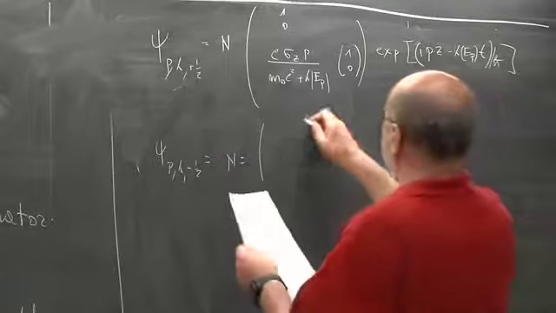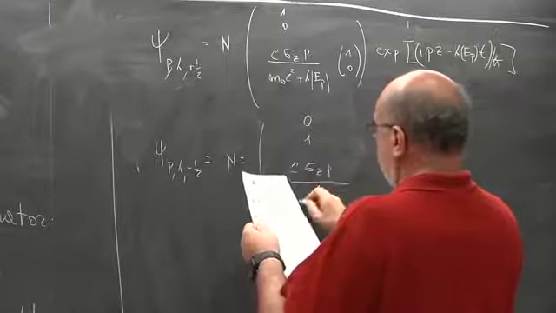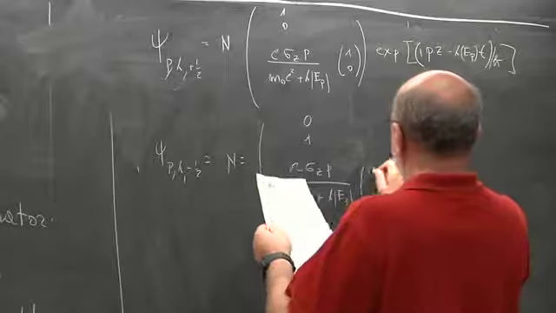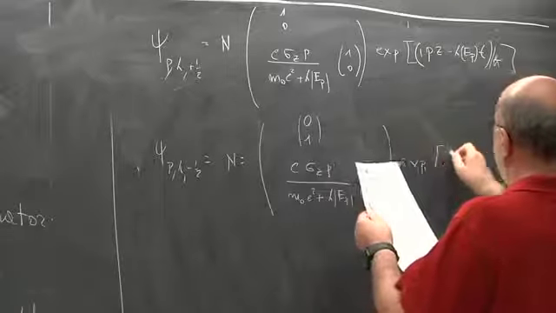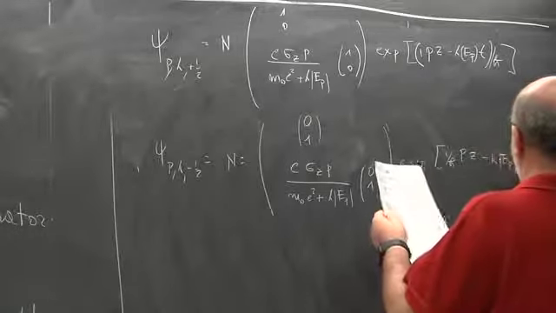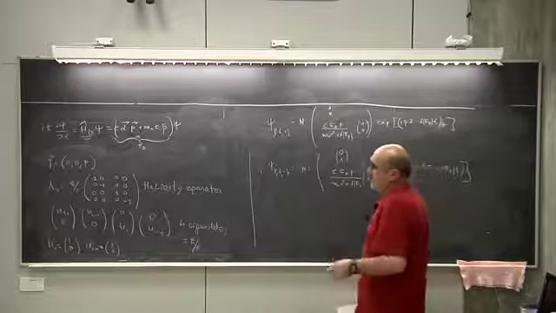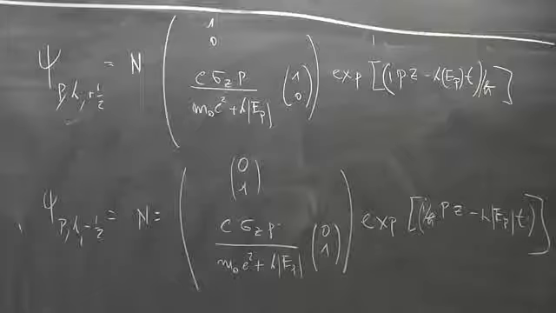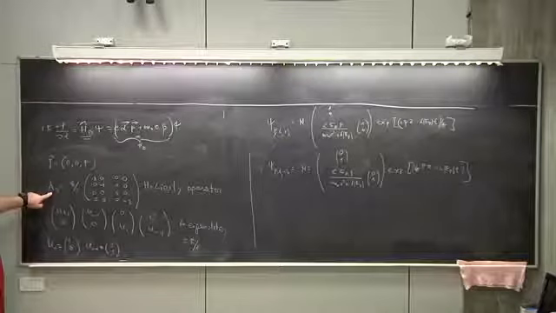Okay. The other solution is 1, 0, C sigma Z times P over m0 C square plus lambda EP, 0, 1, exponential of i H PZ minus lambda EP times T. Okay, so these are the 4 solutions of the free Dirac equation with momentum moving only along the Z direction, with energy EP that can have 2 signs, and with the 2 possible values of the helicity.